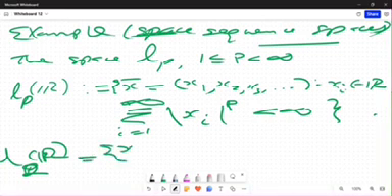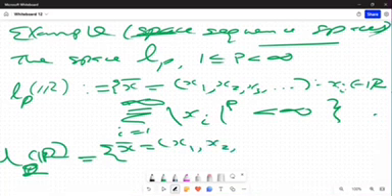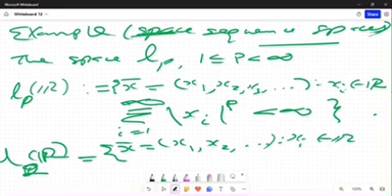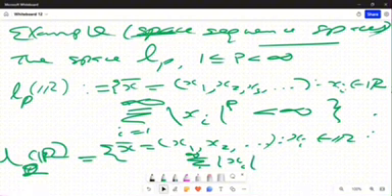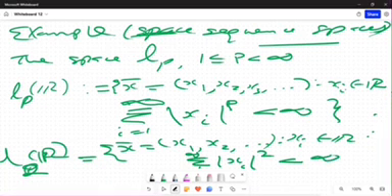You are simply talking about the space of X bar, where the sequences are infinite dimensional, it does not finish, such that all your xi belong to R, and such that the summation, with i counting from 1 to infinity, of the modulus of xi to power 2 must be less than infinity. This is the L2 space.